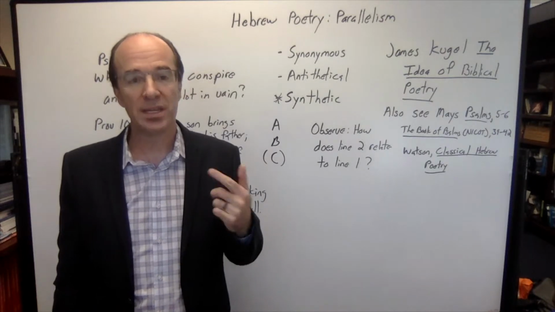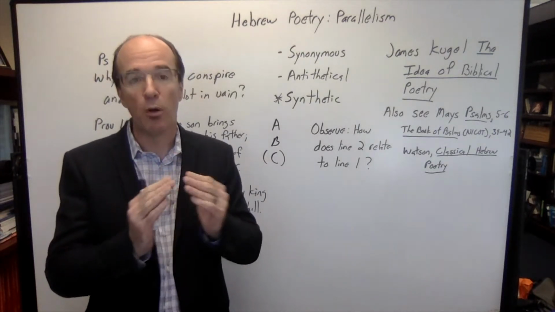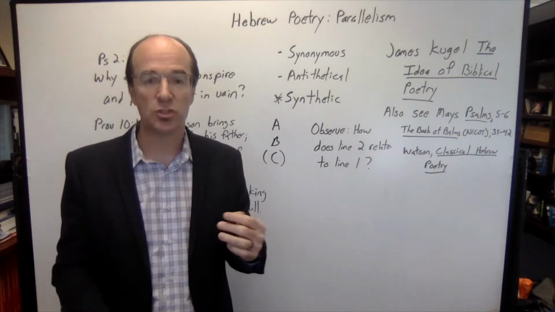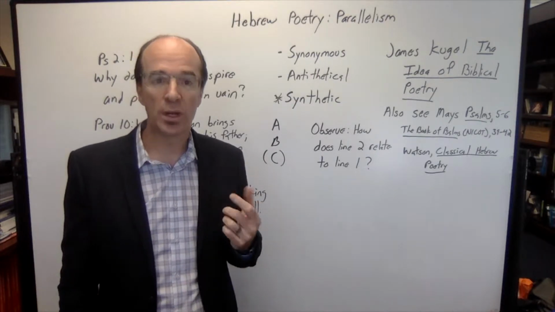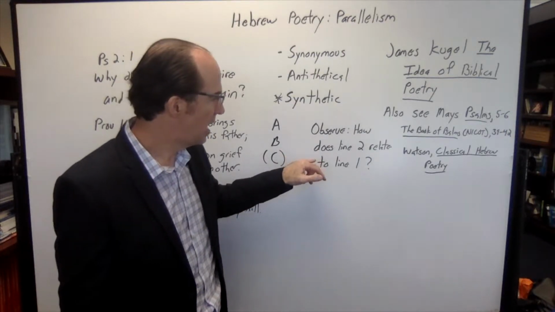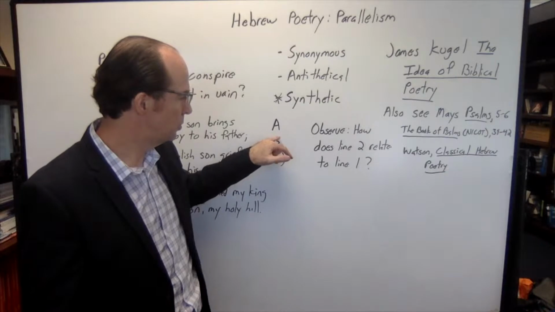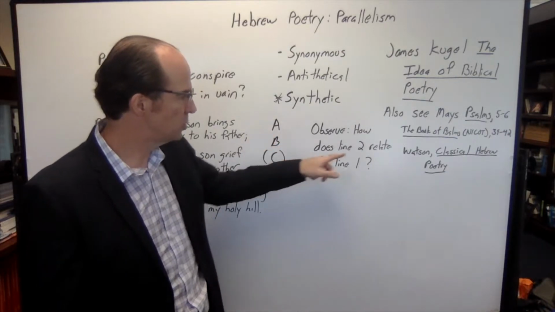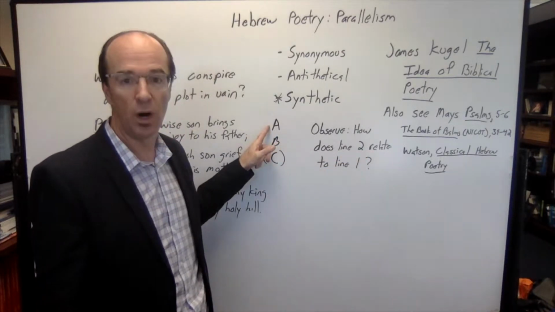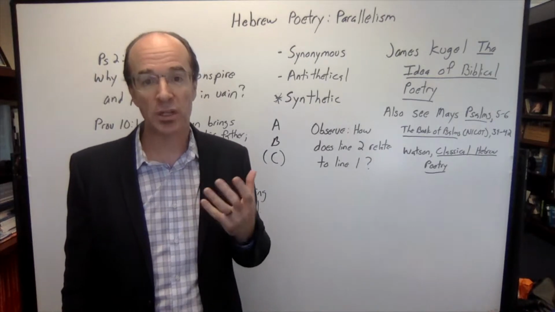So what that means is that Hebrew poetry has repetitive features. The key question that we want to ask ourselves is how does line 2 or line 3, if there's multiple ones, relate to line 1? So that's essentially the question that we're asking ourselves.